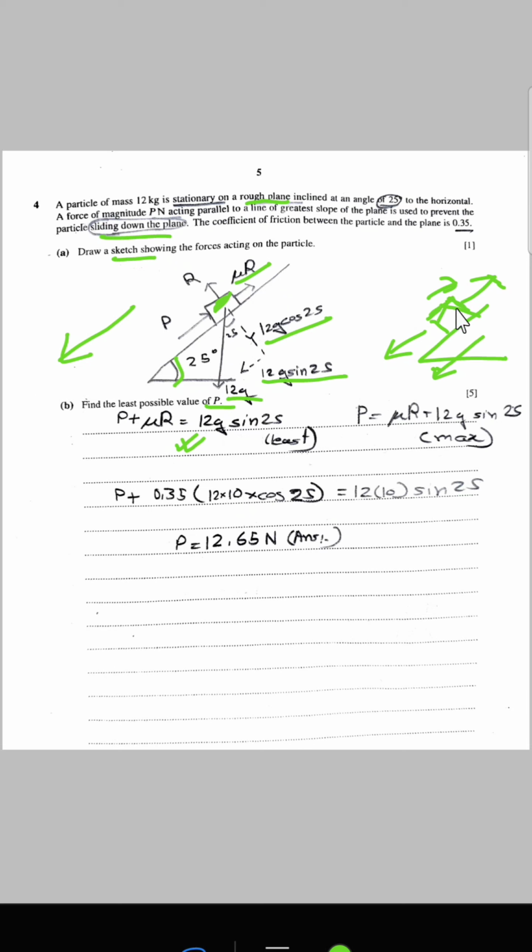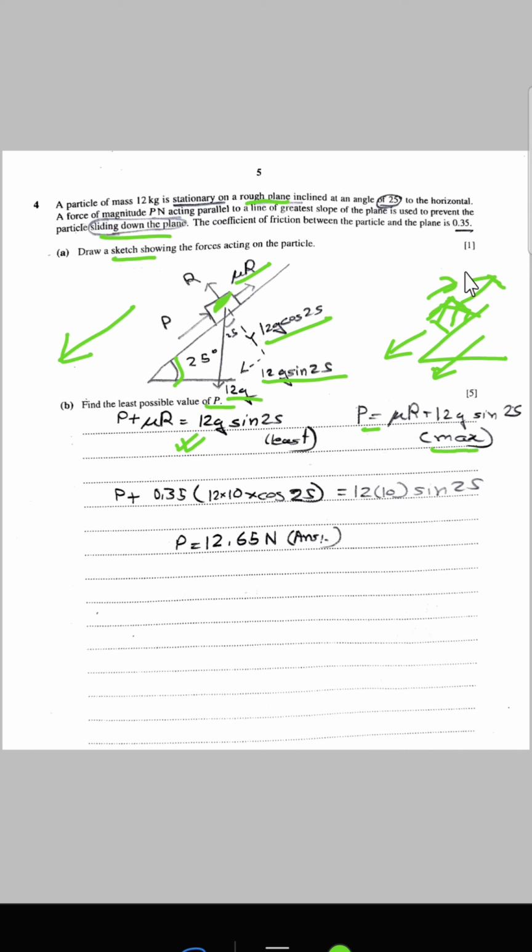The object would only move upward when P, or any force, is causing it to move upward. So P acts upward, while friction and the component of weight act downwards, and this gives a maximum value.